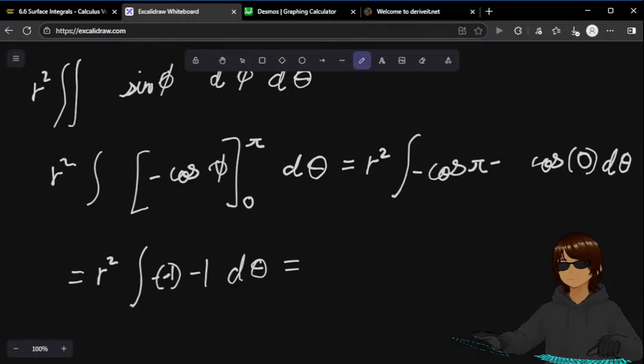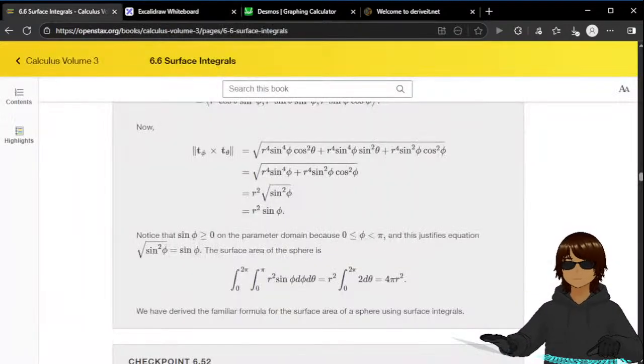But doesn't that leave us with 2 pi r square? How 2 though?